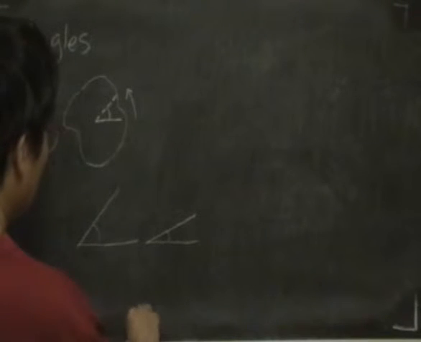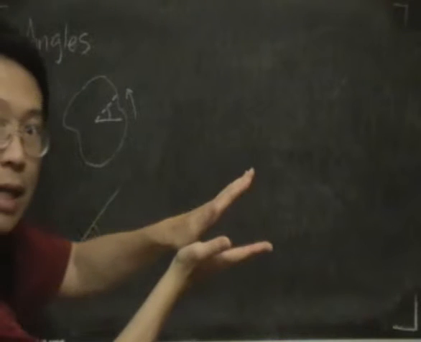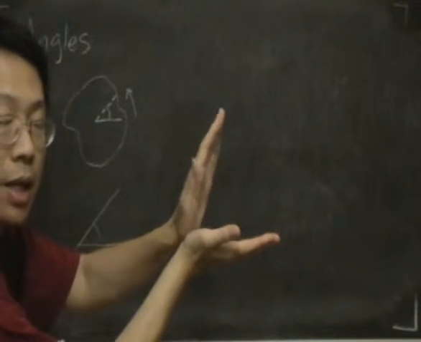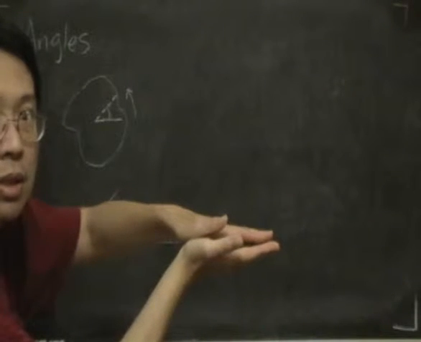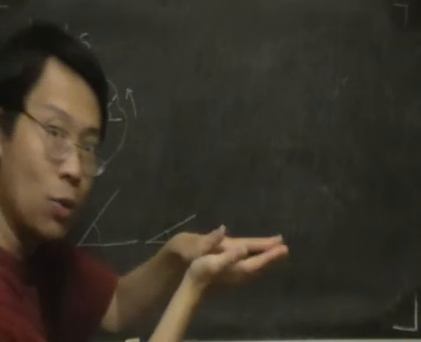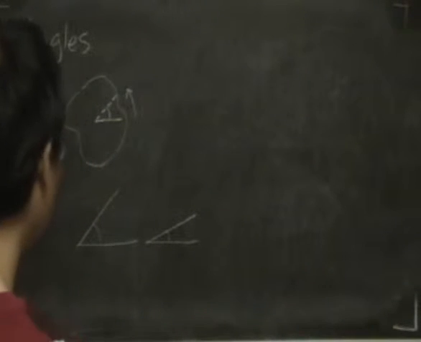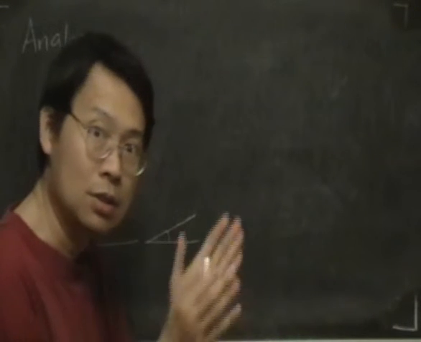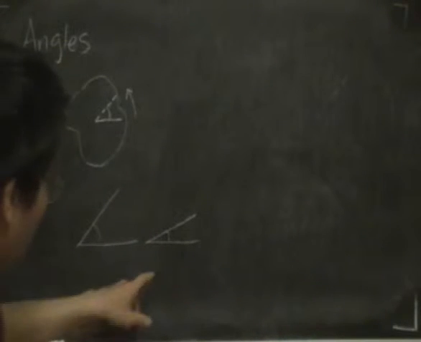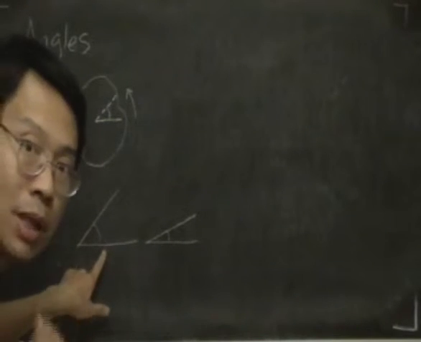It means that if I take these two lines and open it up, the angle gets bigger and bigger. And if I go around one complete round back to the same direction, I call that one revolution. So how would I represent that? Let me draw a range of angles of different size. As you see, that's smaller, that's bigger.